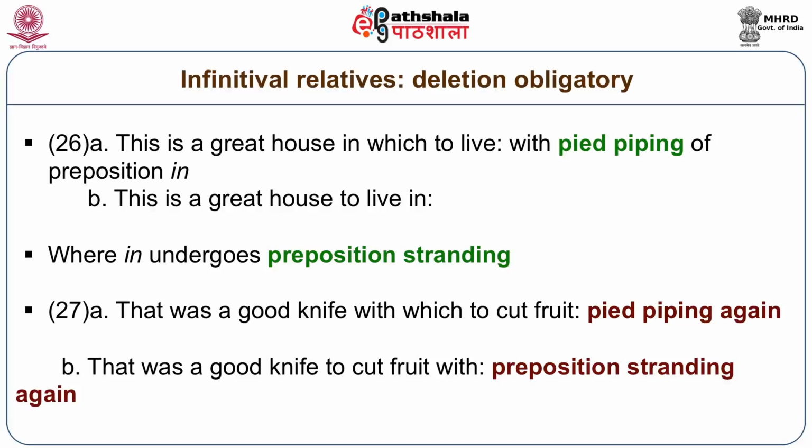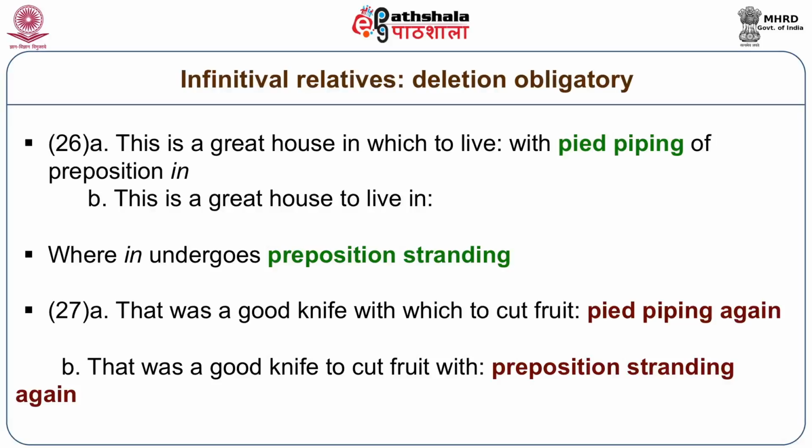Now let us get back to the deletion of the WH element in a nice house in which to live, or a good knife to cut fruit with. In these structures, you would expect it to be possible to either retain the relative pronoun which or delete it.